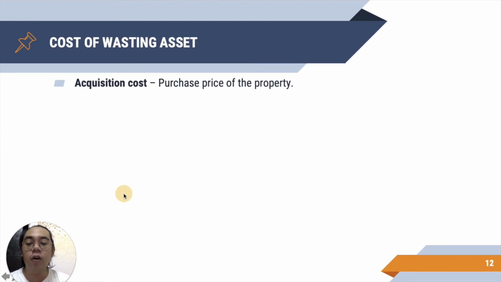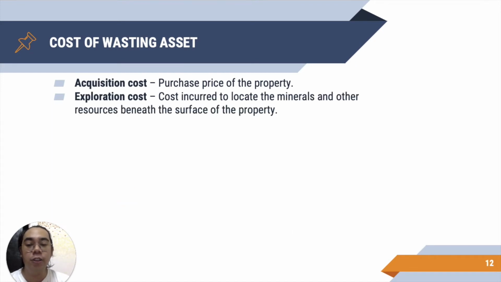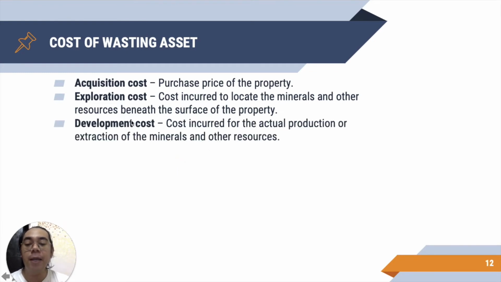The total cost of the wasting asset consists of the following: acquisition cost or the purchase price of the property, exploration cost, yung pinag-usapan natin kanina, costs incurred to locate the minerals and other resources beneath the surface of the property, development costs or those costs incurred for the actual production or extraction of the minerals and other resources.